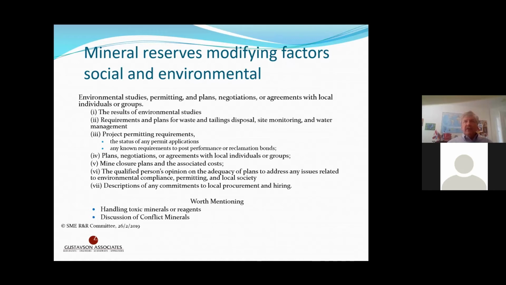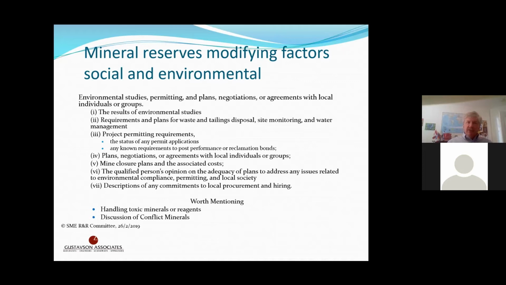So this must address environmental studies, permitting requirements, closure planning. The qualified persons must opine on the adequacy of plans. You should state within the report that the plans are adequate and the registrants have developed their planning in such a way that it would allow this project to go forward.